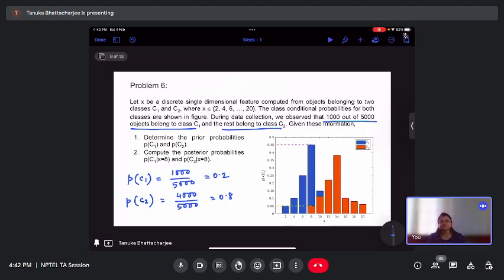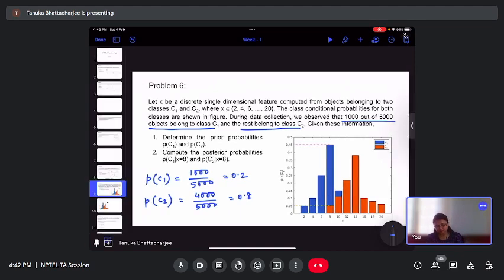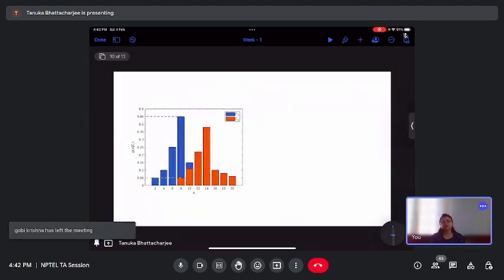Now, the next question is to compute the posterior probabilities, probability of C1 given x equal to 8 and probability of C2 given x equal to 8. Here the information that you have is the class conditional densities and the prior probabilities of each class. You need to compute the posterior probability. Let us say the first posterior probability is probability of C1 given x equal to 8.